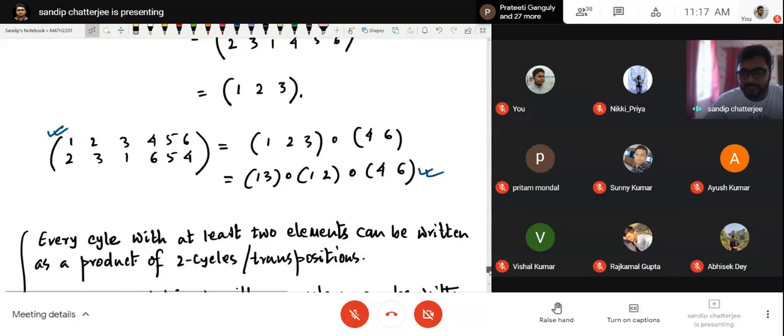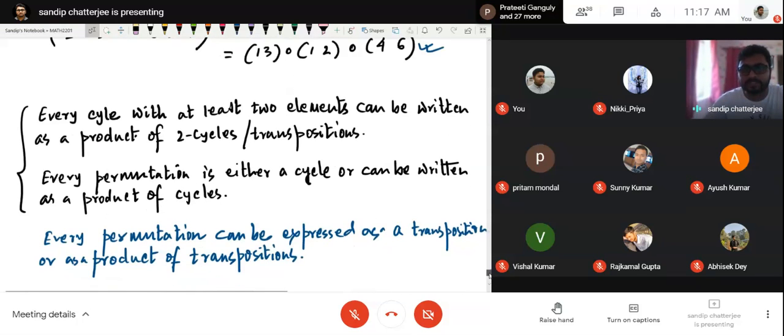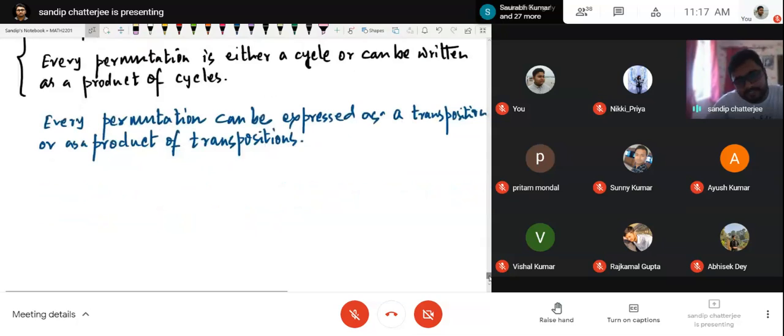Now, if the number of such transpositions or two cycles is odd, then the permutation is said to be an odd permutation. If the number of such transpositions is even, then the permutation is said to be an even permutation.